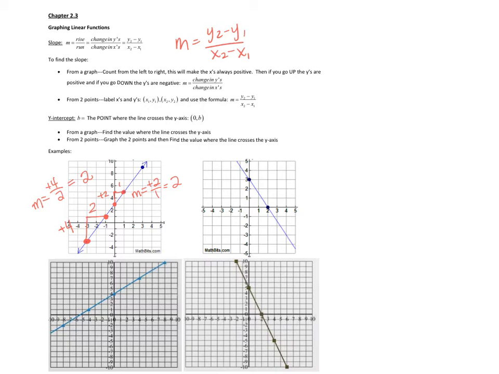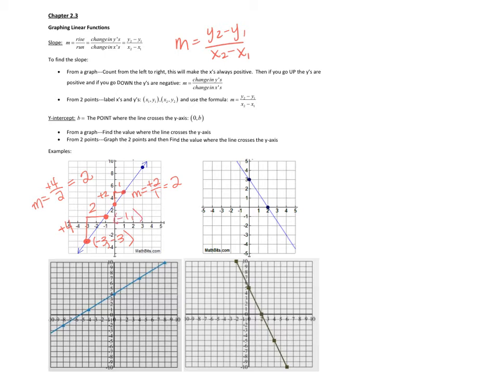Okay. Now, I could also do that from an equation using those 2 points. If I didn't want to use the graph, I could have picked those points. Remember, the first point that we used was (-3, -3), and the next point that we had was (-1, 1).